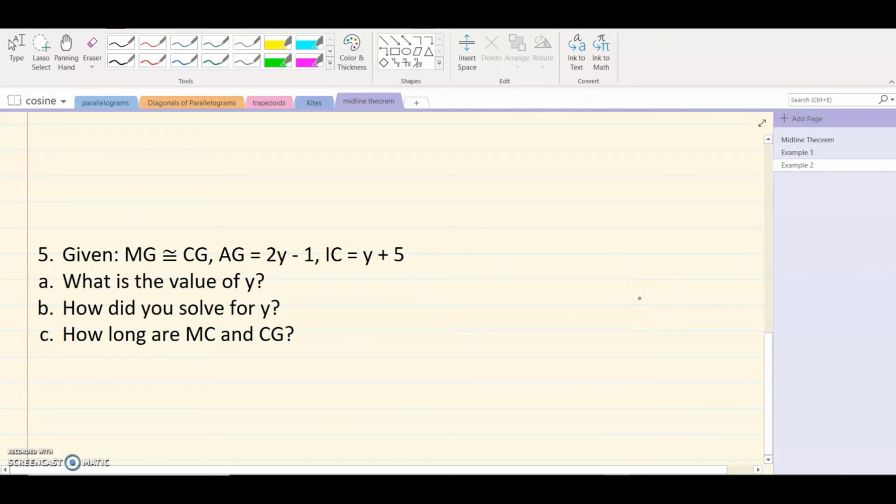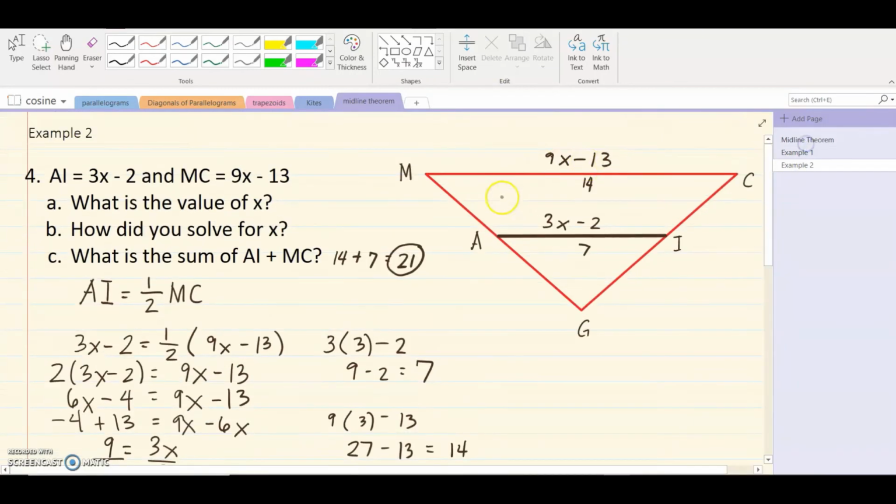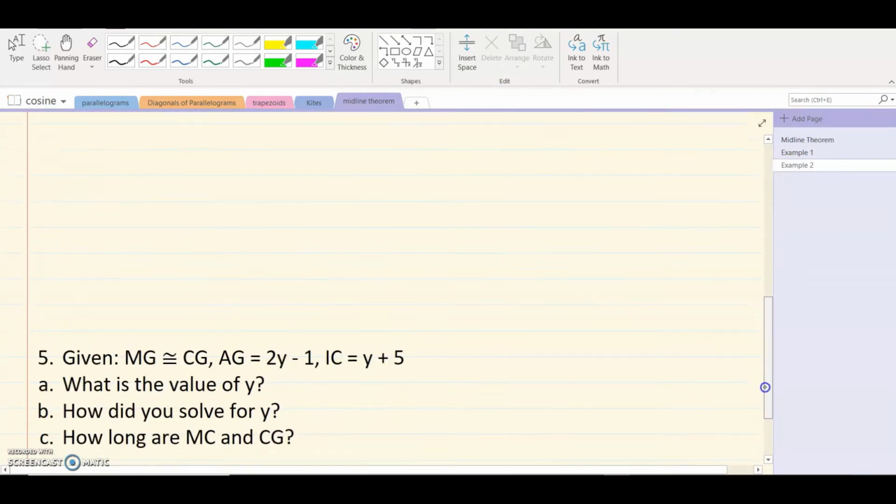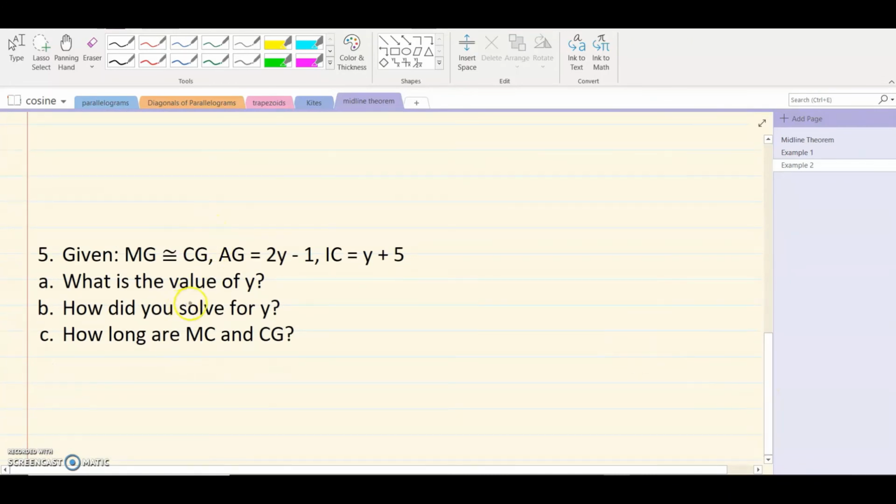So using the same figure, MG is congruent to CG. So the sides of the triangle, and then AG is equal to 2y minus 1. IC is equal to y plus 5.